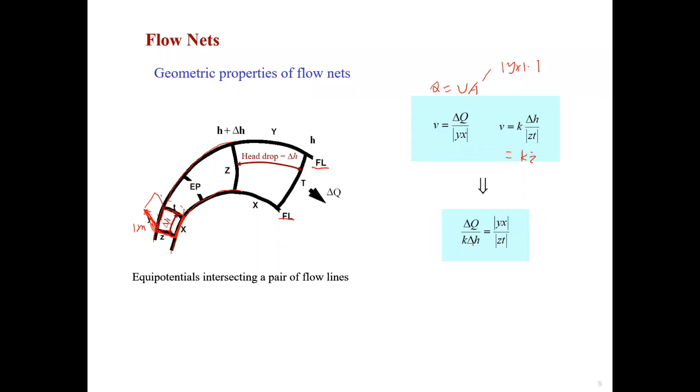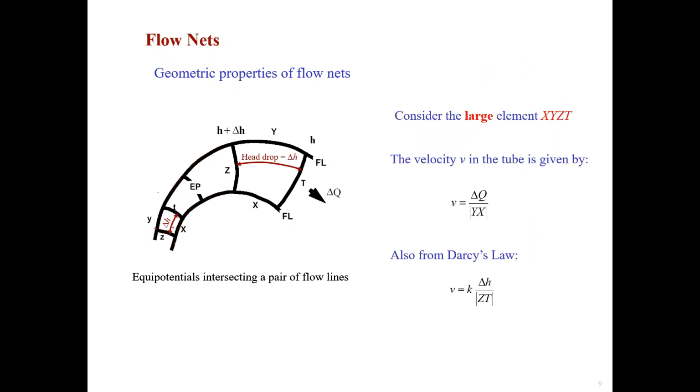By combining those two formulas, we get this relationship: ΔQ over k times Δh equals absolute YX over absolute ZT. This expression is valid for the small tube.